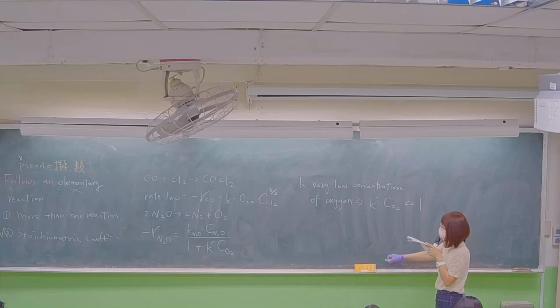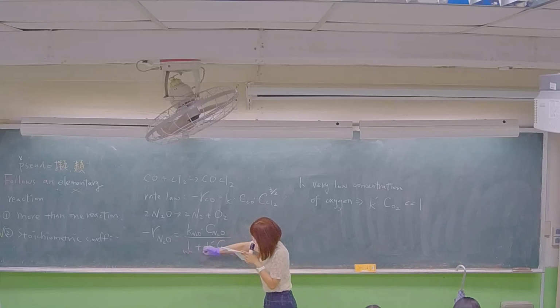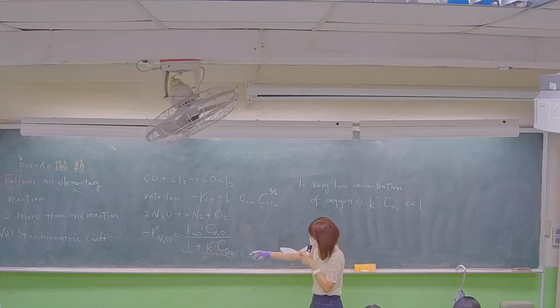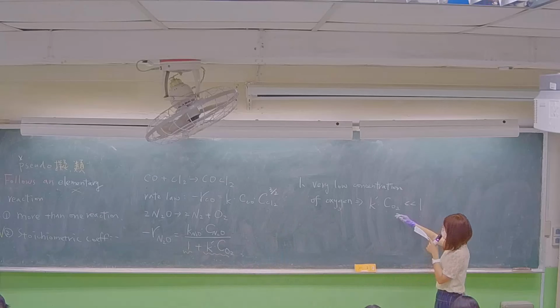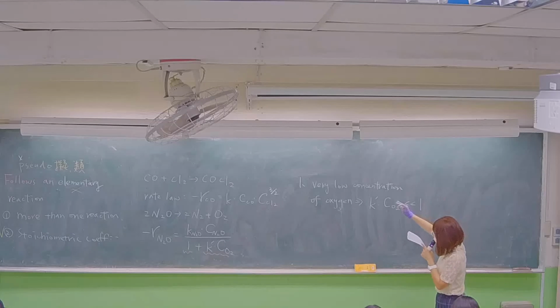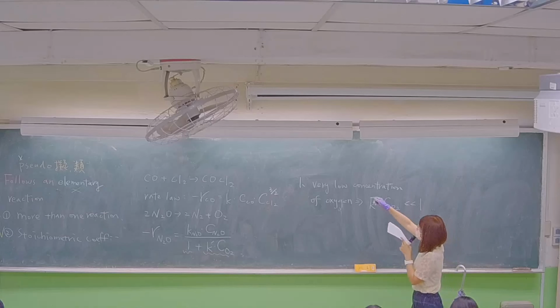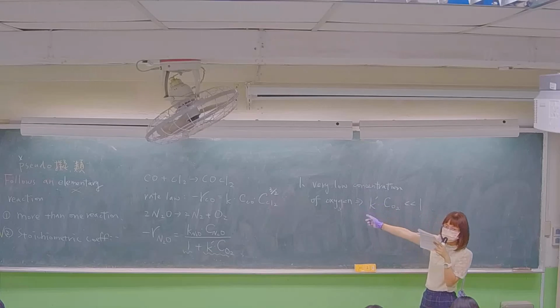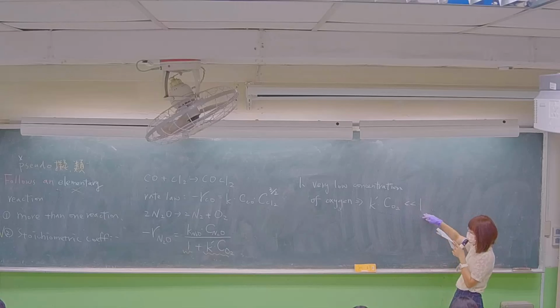Why do I want to compare with 1? Because in this expression, 1 plus KCO2, there are two terms, so I want to compare these two terms. If one is much smaller than the other, we can ignore it. So for very low concentration of oxygen, this term is very small, so we assume it is much smaller than 1.